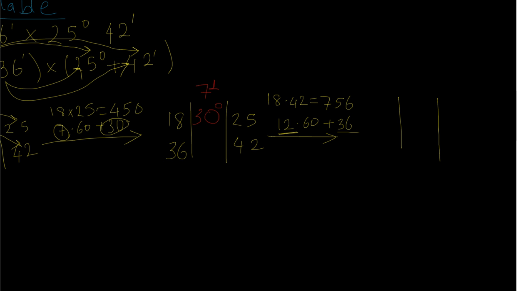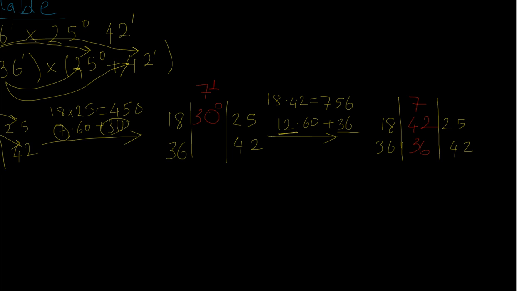So we'll have 36 here, and 12 added to 30 is 42, and 7 stays there, and the rest of the table does not change. So we have 18, 25, 42, and 36.